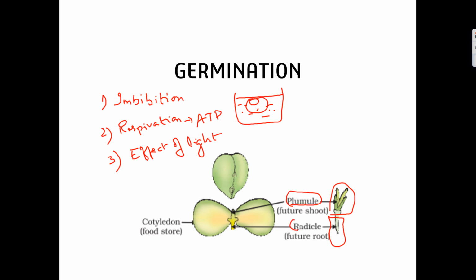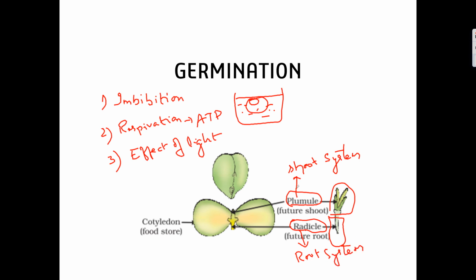When it is white in color, that is called the radicle. From the plumule, the shoot system will develop. What is the shoot system? The stem, branches, leaves and everything which will go towards the light. That is the reason I am talking about the effect of light here. And from the radicle, the future root will develop, that is, the root system is going to develop.